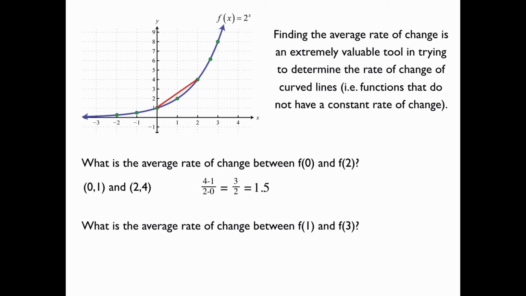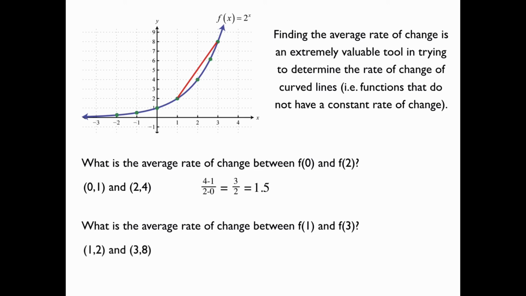All right, so what is the average rate of change between f of 1 and f of 3? So f of 1, the value of the function when the input is 1, is 2, and the value of the function when the input is 3 is all the way here to 8. So we're trying to find the slope of this line right here from this starting point to this ending point.